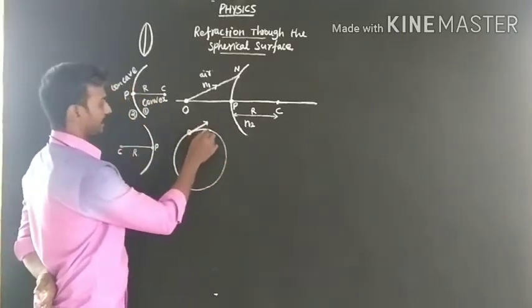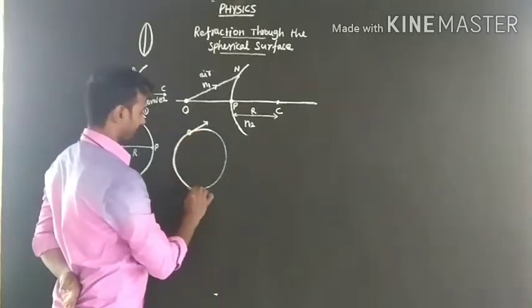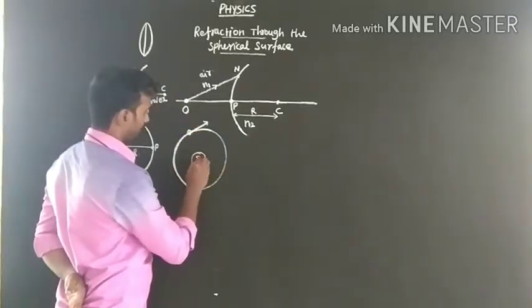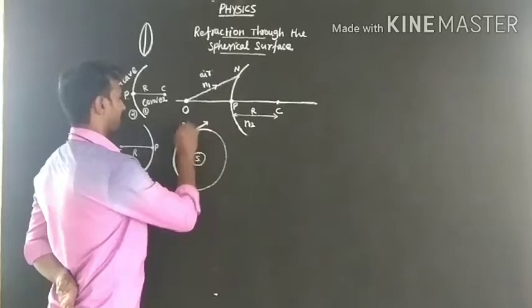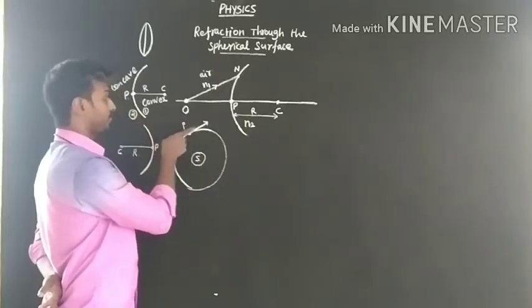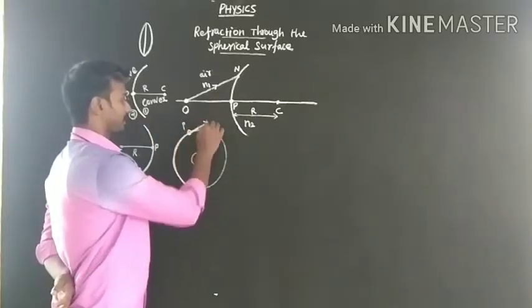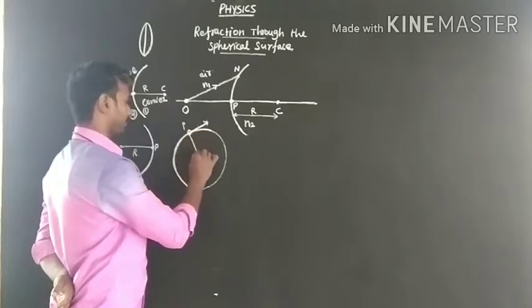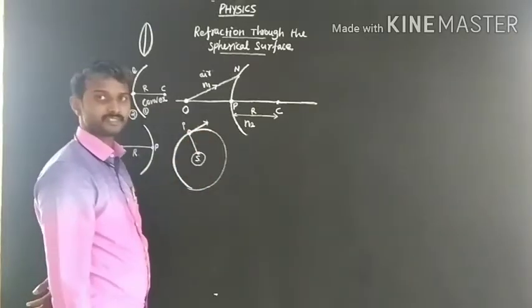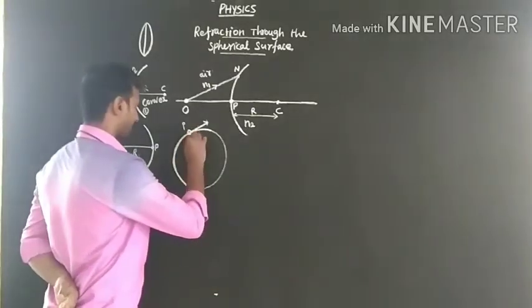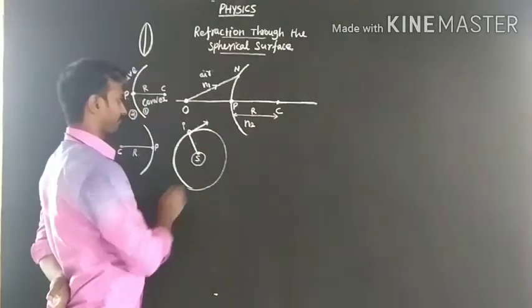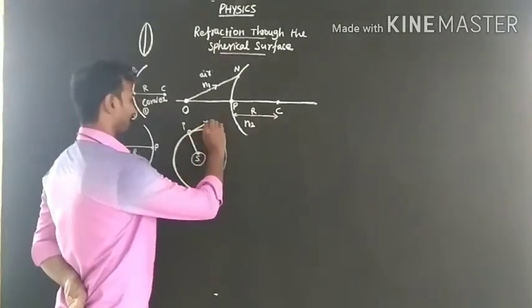So this is the actual direction of planetary motion. This is the sun, this is the planet. The direction of motion of the planet is tangential, perpendicular to the direction of the centripetal force. Am I right? So this is the direction of centripetal force. This is the direction of motion of the planet.